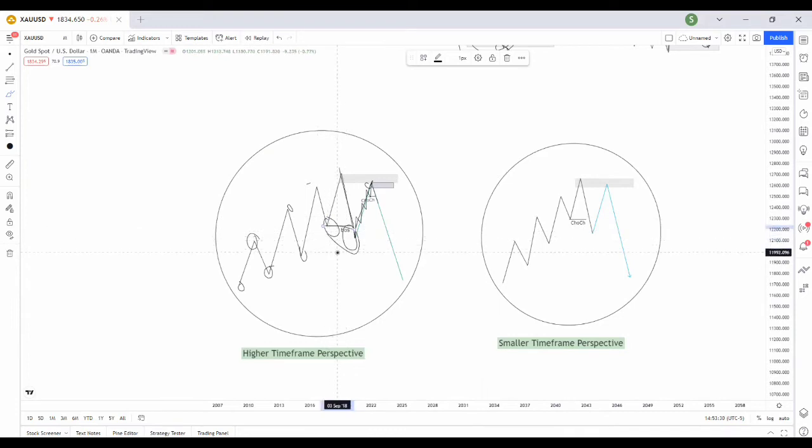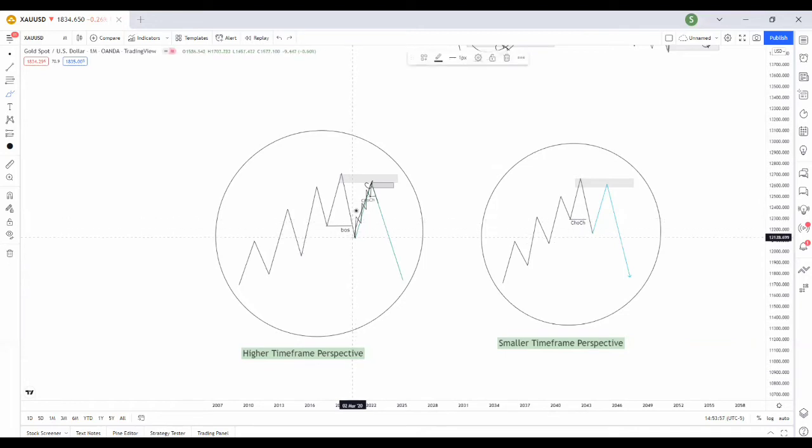Once it breaks this high low, my bias changes. I'm no longer looking for buys. I'm looking for sells because the market is changing direction. What I've learned in the years that I've been trading is that once the market breaks structure, the whole bias changes. We will be looking for sell positions.